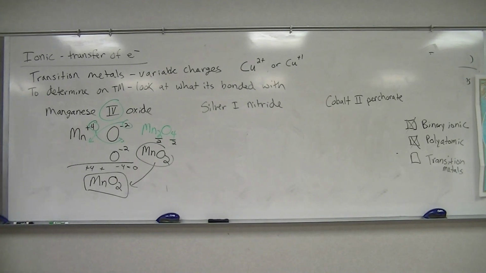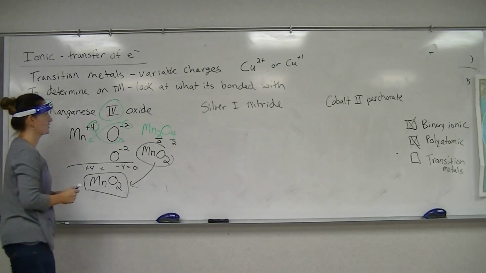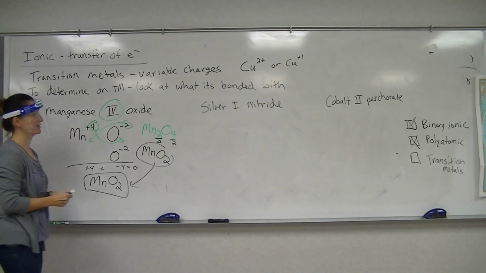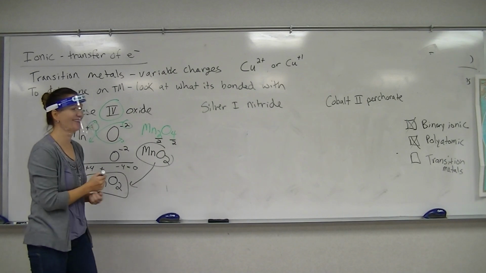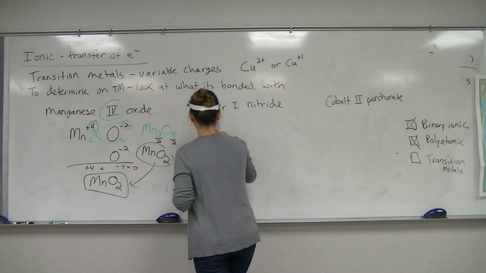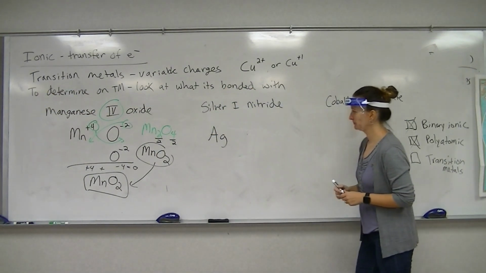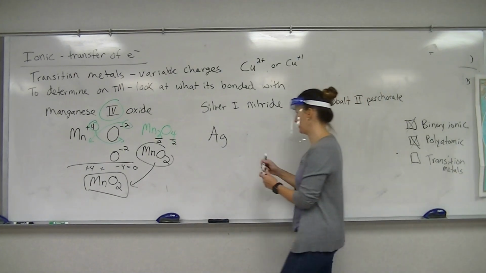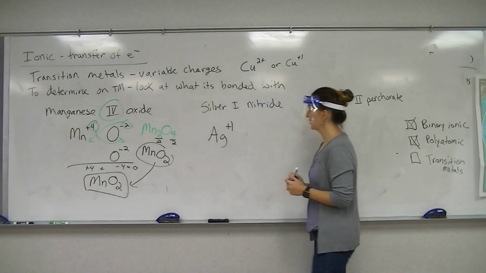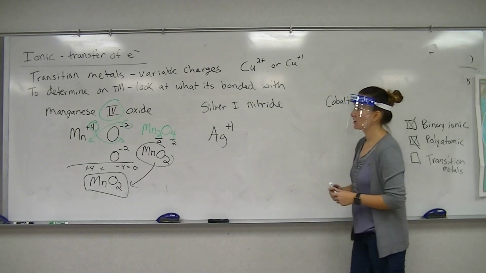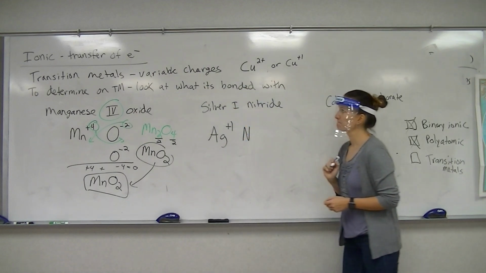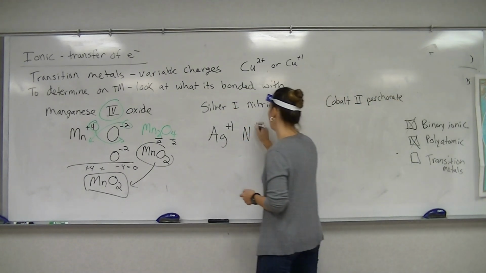So silver 1 nitride. So silver, looking at the transition metals. You know, it's a symbol that doesn't make sense with the name. Ag. It is Ag. What's its charge? +1. We're looking at the Roman numeral to figure that out. And then nitride is just nitrogen, so N. -3, yes.